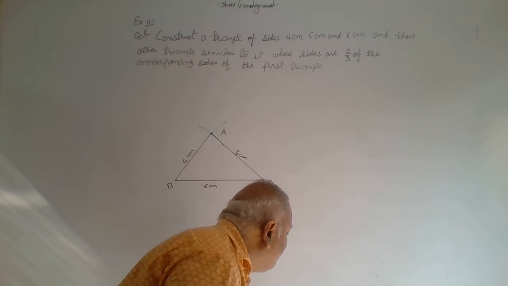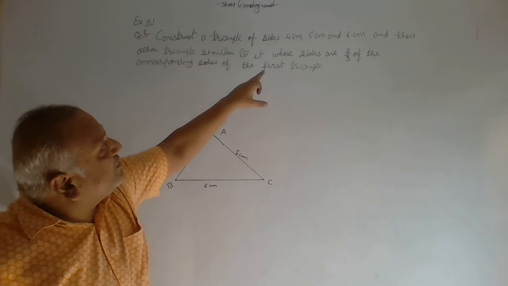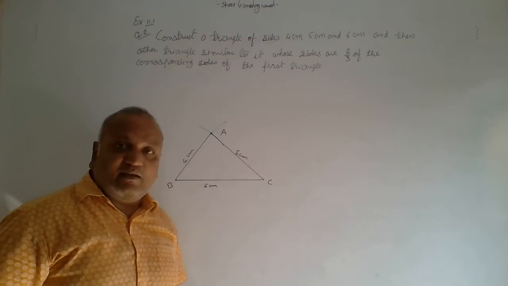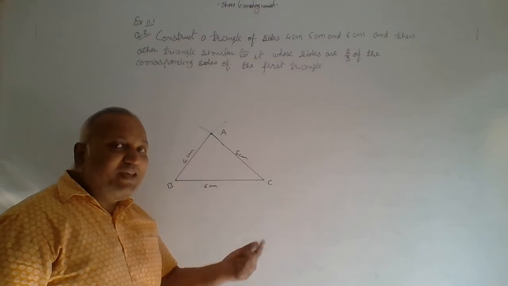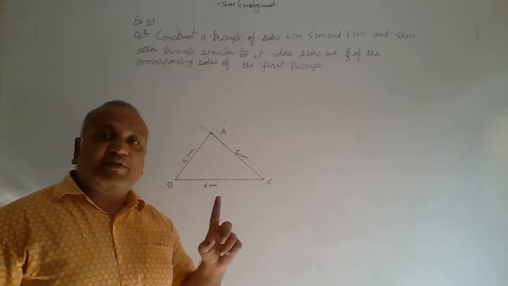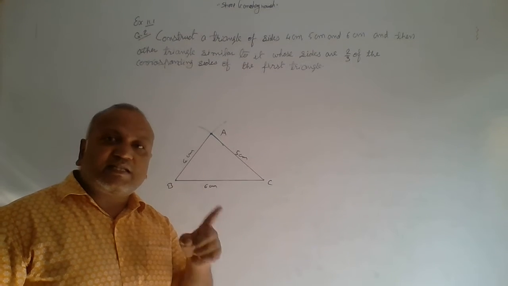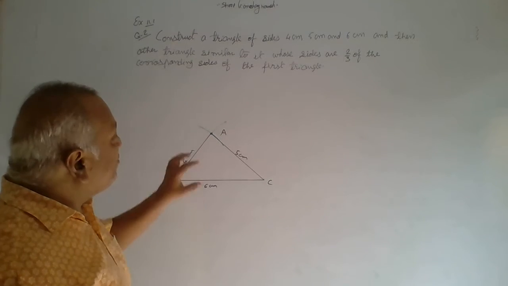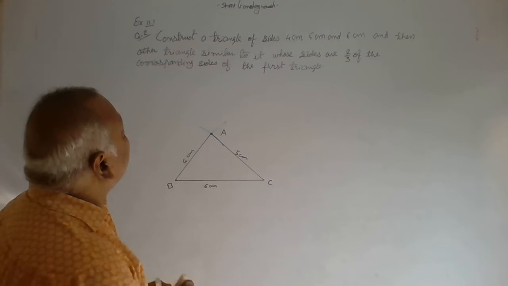Now friends, we have to construct another triangle similar to it whose sides are 2 upon 3 of the corresponding sides of the first triangle. So friends, listen carefully. The new triangle we now have to construct, we had learned in similarity in chapter number 6. Similar triangles means the ratio of the sides of the triangles are equal. First we have to concentrate on the ratio.